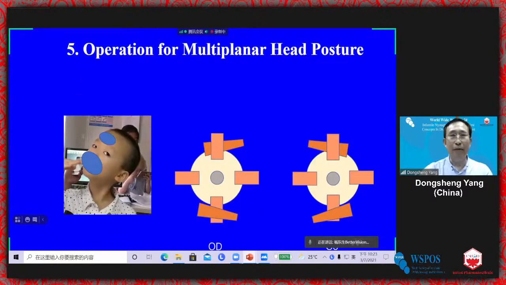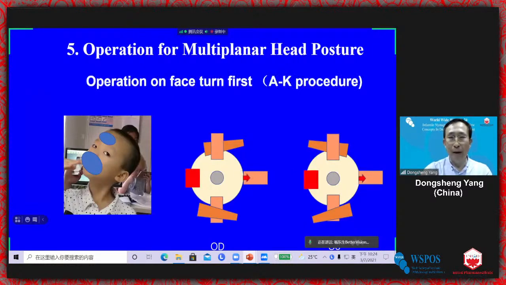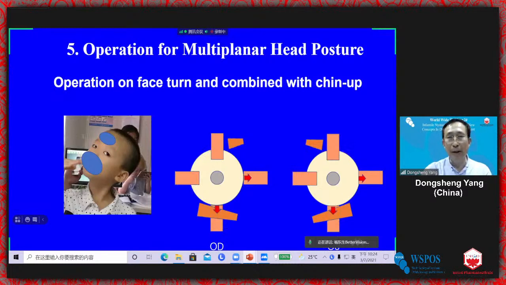Also, this is the fifth operation, for the multiple planar head posture. And I always choose to operate on the face turn first. This could be an AK procedure like we show. So one pair is for recession, the other pair is for the resection. And also you can have the face turn combined with chin up like this.